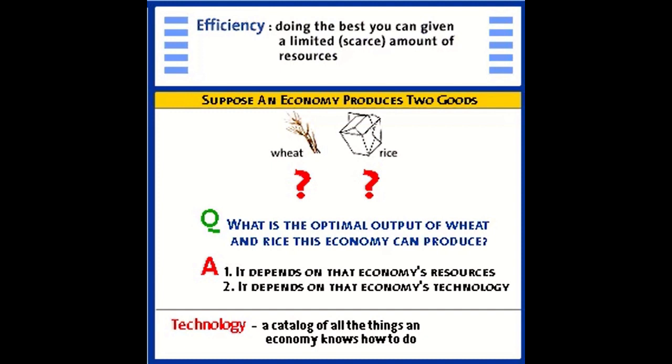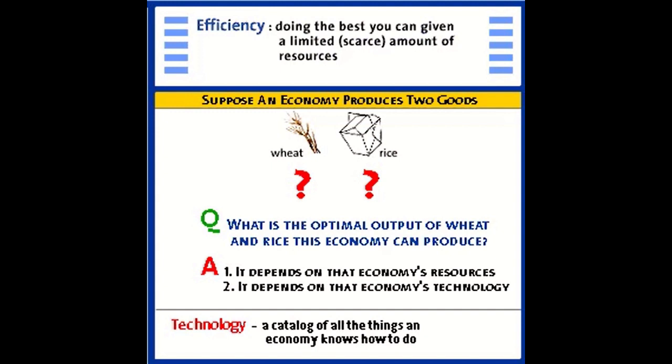There are techniques that involve using tractors and combines and a different kind of land to produce rice and wheat. A technique is a particular combination of inputs, but a technology refers to all the possible combinations of resources that the economy can use to produce output. So when an economist refers to technology, the economist is referring to a catalog, a complete list of all the things the economy knows how to do.